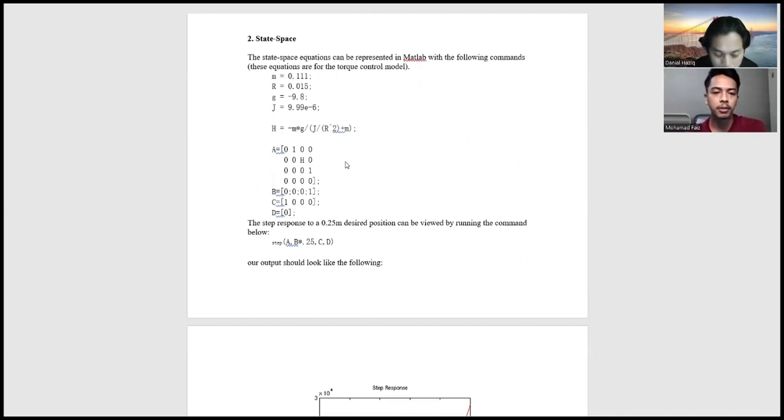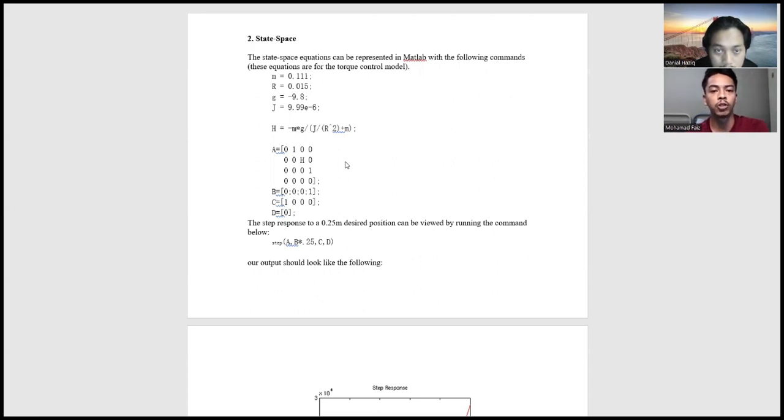Okay, for the state space, the equation can be represented in MATLAB with the following commands, which are for the torque control model.